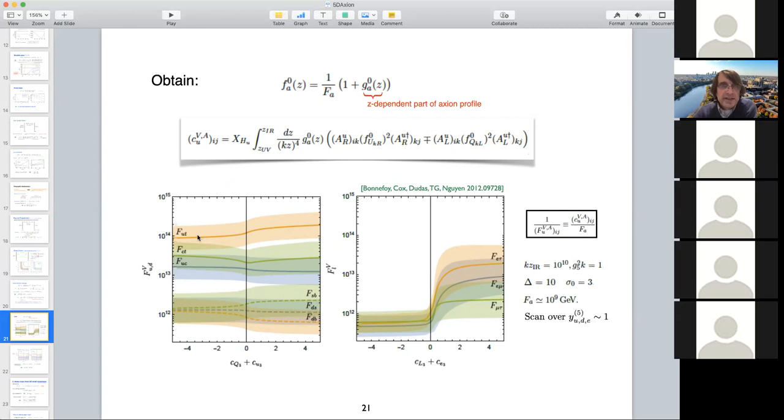And you can see that depending on the flavor of the fermions, you can generate off-diagonal couplings to the axion. Here are the quark off-diagonal couplings in the up quark, here's the down quark, and here are also the leptons. You see that these scales are roughly 10 to the 12, 10 to the 13, 10 to the 14.